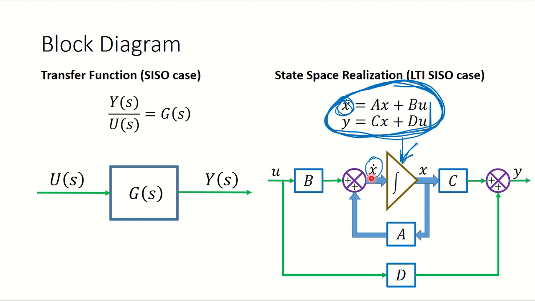So this is satisfied. y equals cx plus d into u. This u is flowing through d, d into u is y. So for every equation, there would be a summer. At the output of that summer, you write the LHS of the equation, which is the variable.